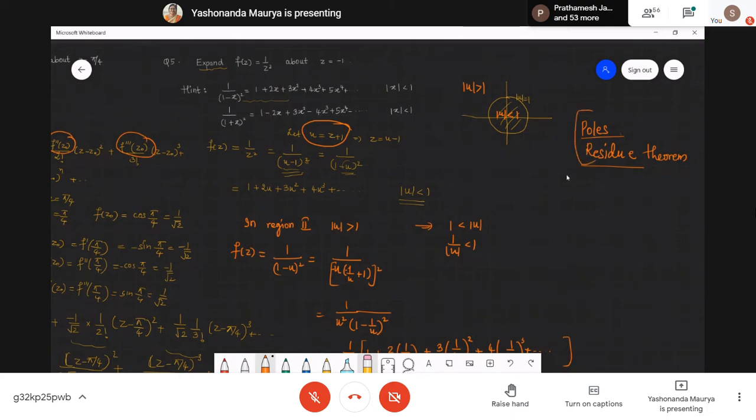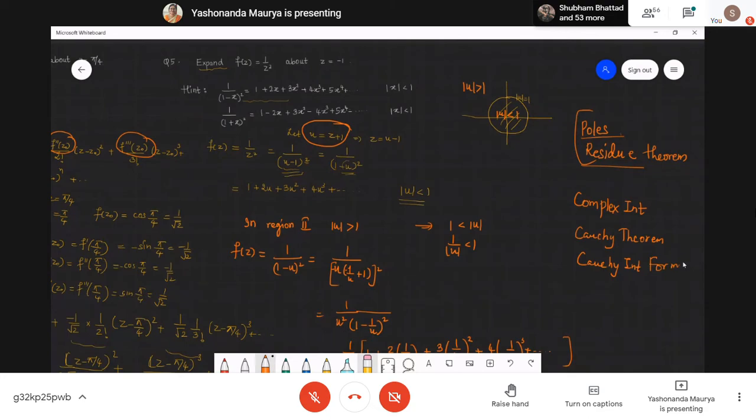In the test it will be all the questions till whatever we have covered, till this part only, Lorentz series expansion. So from complex integration, we will be having the line integral, then Cauchy's theorem and Cauchy integral formula, integral theorem and integral formula.